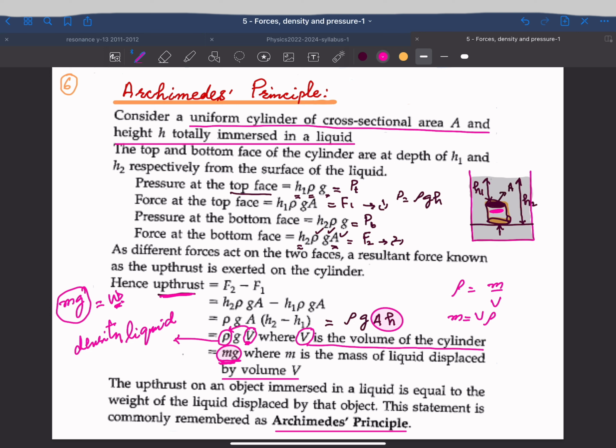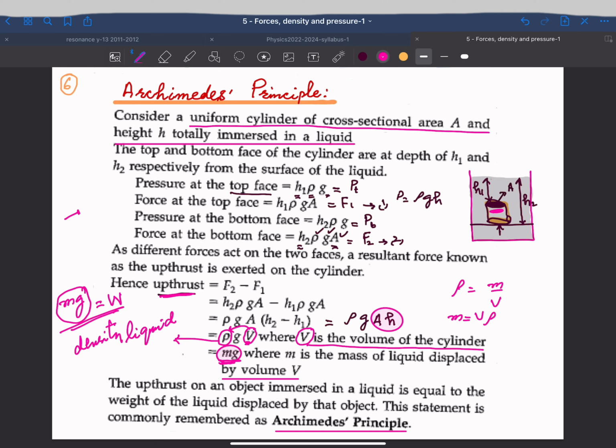Suppose a very simple question: if we have a small pin, the pin will sink, but a huge big ship is not sinking. Why is it happening? The same reason applies.